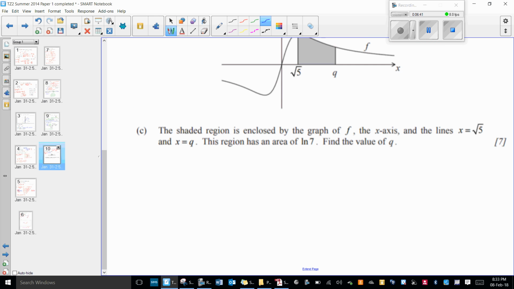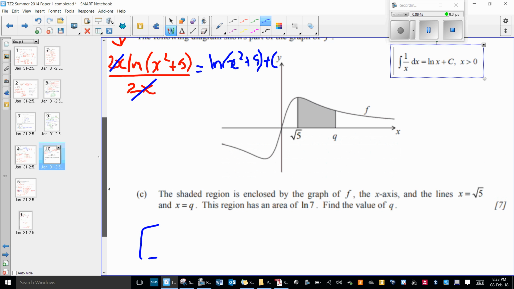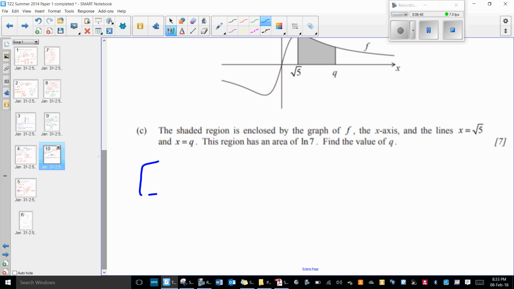So we've got square brackets, what did I say it was? ln of x squared plus 5, between q and 5, equals ln 7.